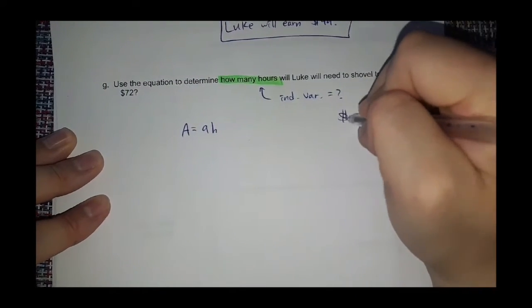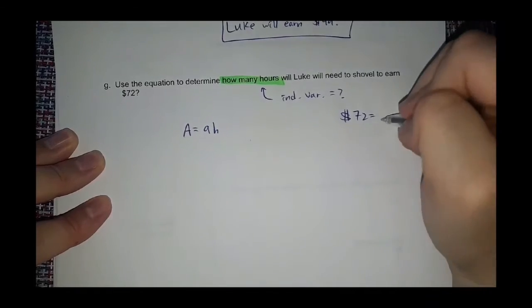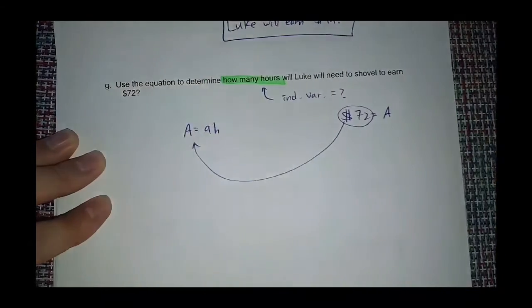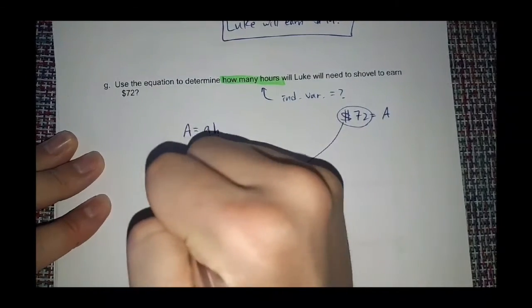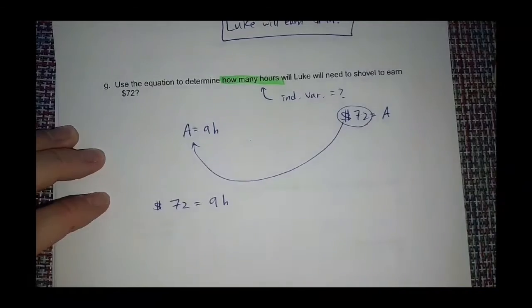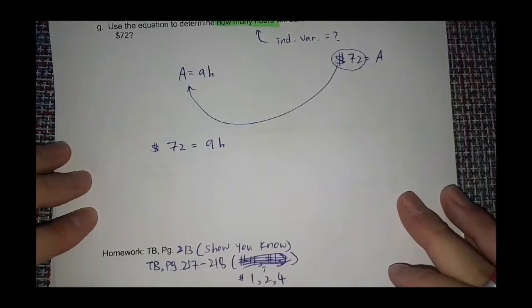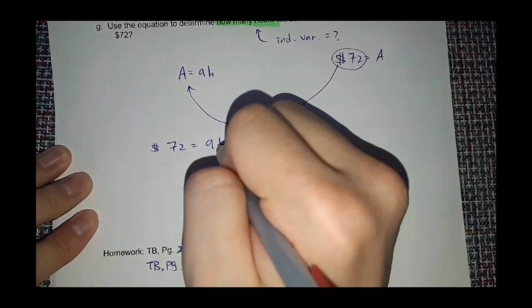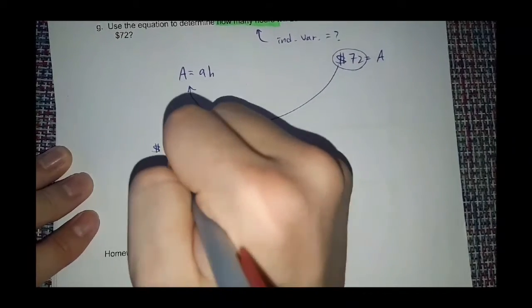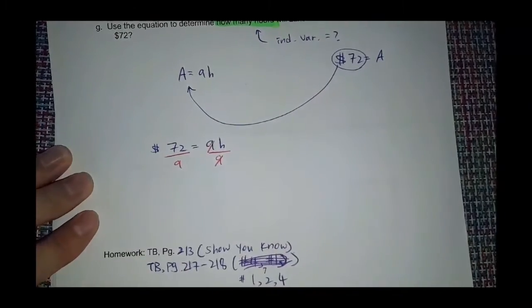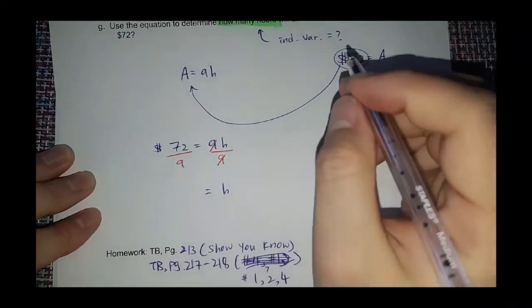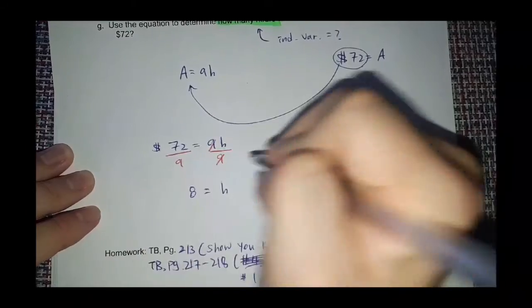Except, $72, it's not h, it's actually a value that is given, so we just need to substitute this in. $72 is equal to 9h. And even though it takes more than one step, you need to do the opposite operation. 9 and h, they're multiplying, so the opposite of multiplying is dividing. And then if I rewrite this expression, h is equal to 72 divided by 9, which is 8.